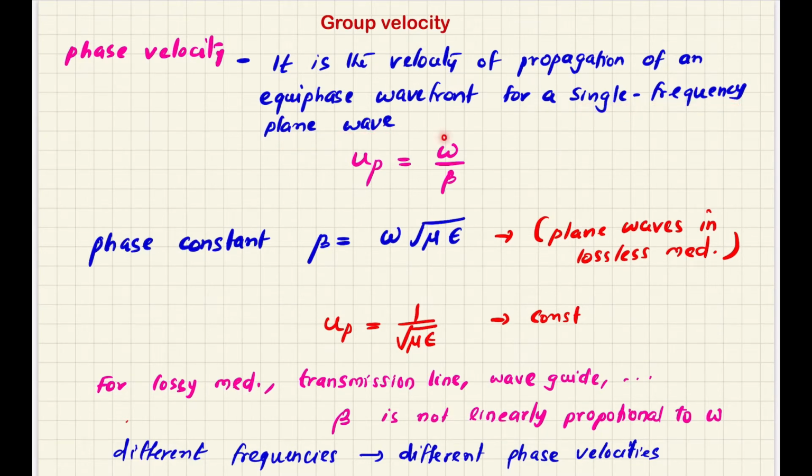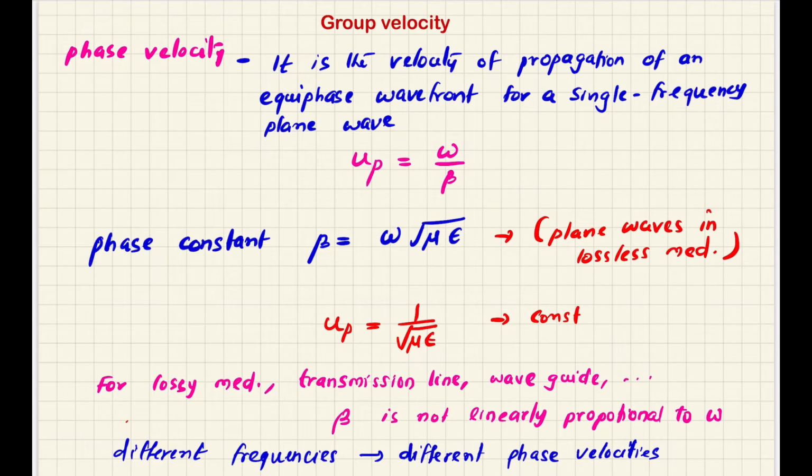When you divide the angular frequency by the propagation constant beta, you will get the phase velocity, which is the velocity of propagation of an equal phase wavefront. We have discussed this previously, and we have calculated the phase constant and the phase velocity for different cases in the lossless medium.